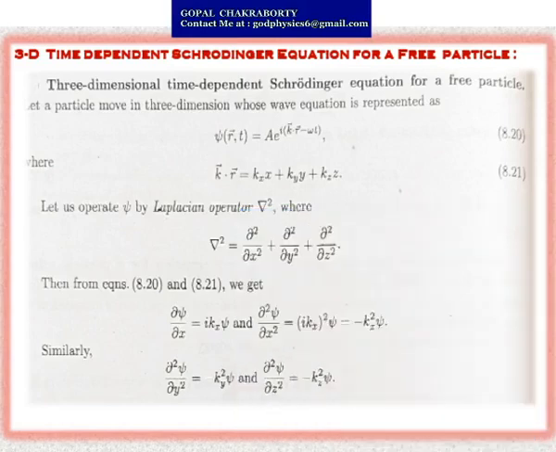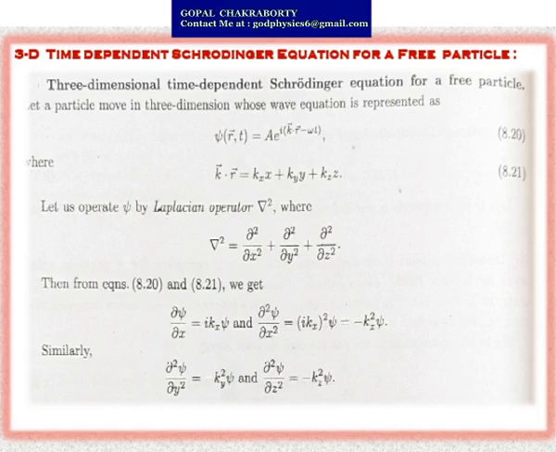Here, for a particle moving in three dimensions, the wave equation can be represented as psi equals A e to the power i(k dot r minus omega t), where r equals xi plus yj plus zk, which includes all the coordinates x, y, z. Here k dot r equals kx plus ky plus kz.